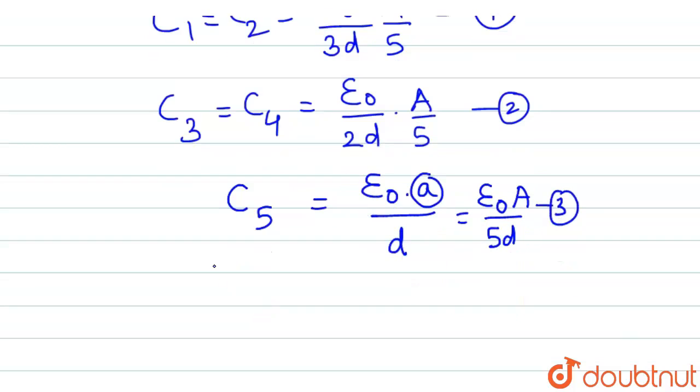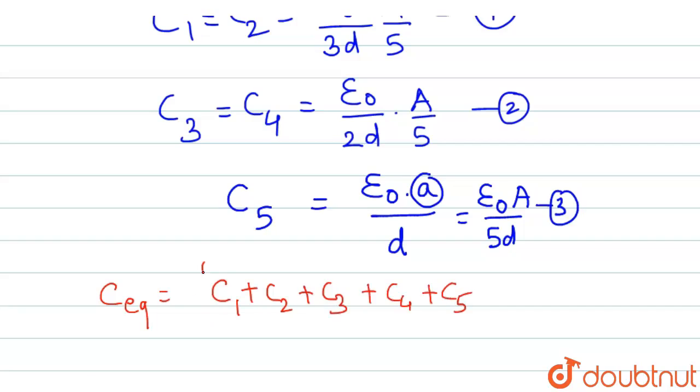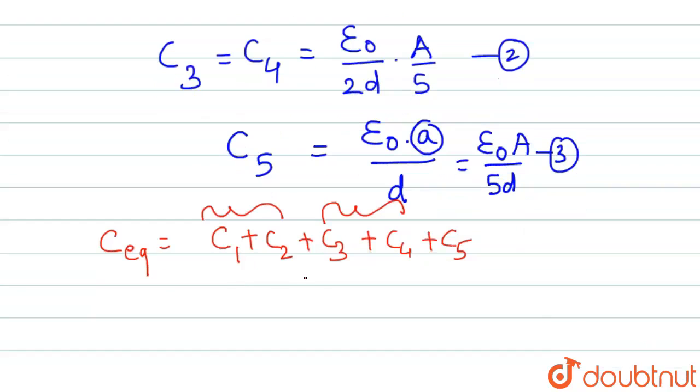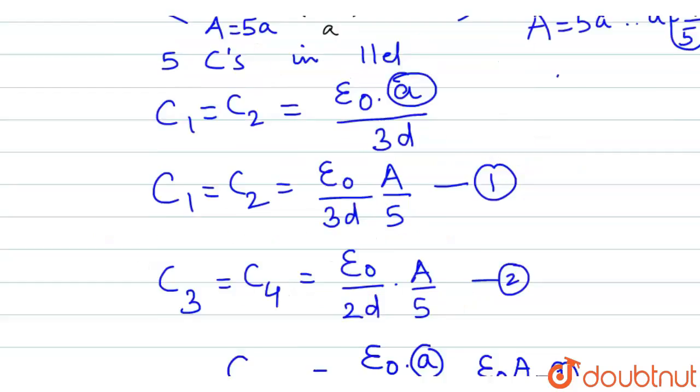Now as we know, whenever the capacitors are connected in parallel combination, they are just added. So we can write C1 plus C2 plus C3 plus C4 plus C5. But these two capacitors and these two capacitors are identical. So we can write here 2C1 plus 2C3 plus C5. Now putting the value of C1 or C2, check this.